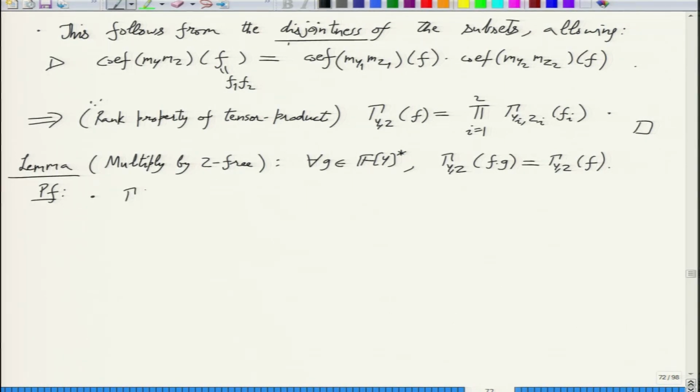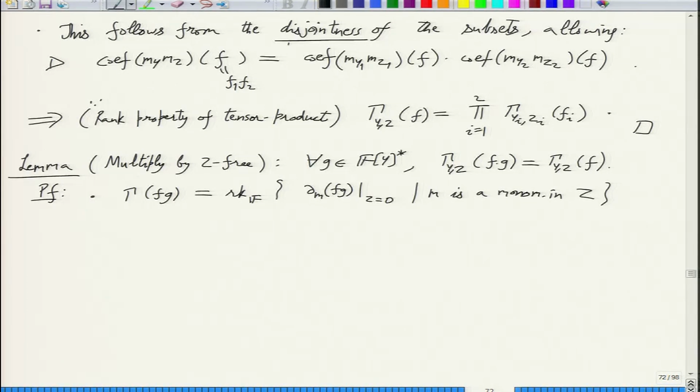So gamma of fg is equal to the rank of the derivatives of fg. I am saying that the measure is the rank of the derivatives at z equal to 0, where the derivative is with respect to a monomial only in z. So it's a new claim.